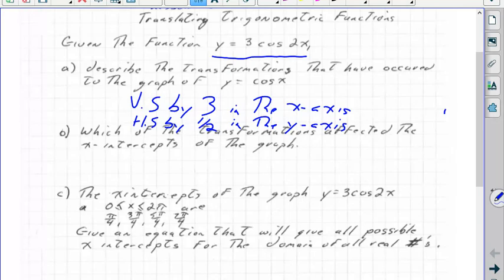So which parts of the graph, or what are the things that we called basically period, domain, range, amplitude, and x-intercepts? Which one of these would have affected the x-intercepts of the graph?